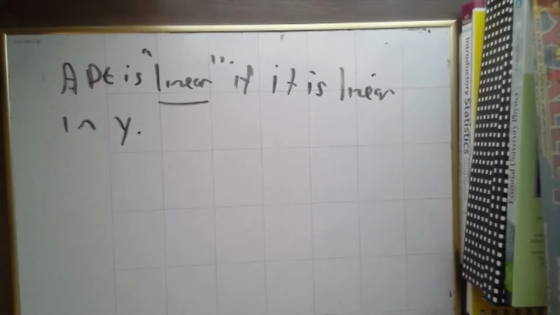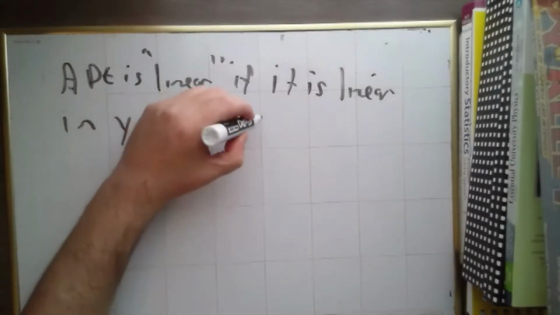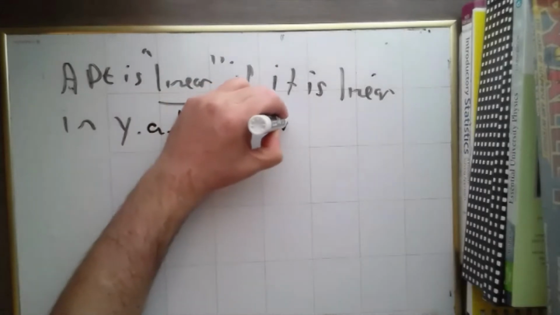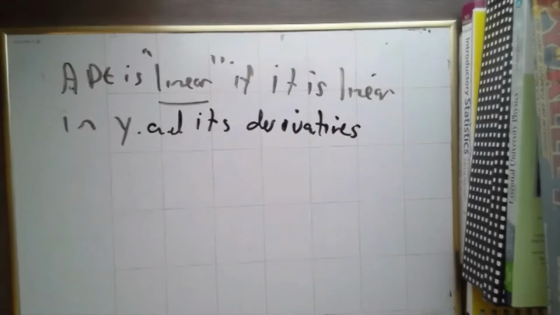We care if every function of Y is a linear function of Y and its derivatives. So if every version of Y or Y prime or Y double prime is a linear function of Y, you've got yourself a linear DE.